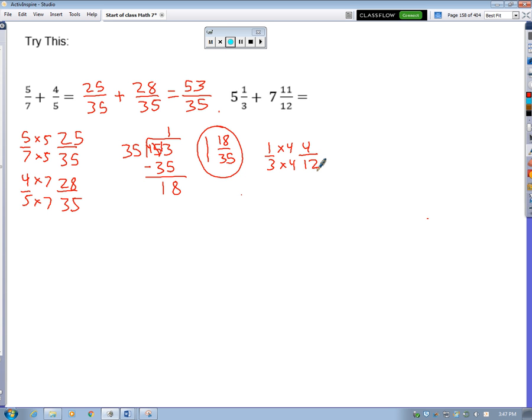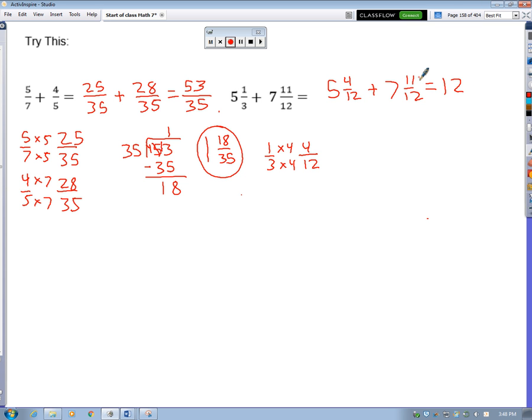Alright, so that's going to become 4/12. So when I rewrite this, I have 5 and 4/12 instead of 5 and 1/3, plus 7 and 11/12. And now I can add that together. I'm going to add my whole numbers to give me 12.